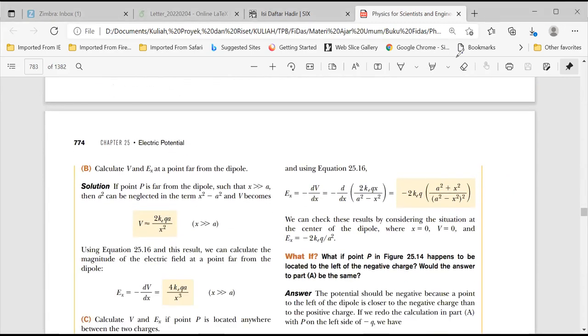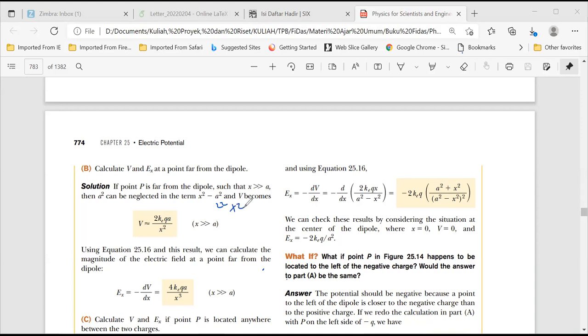Because x is much greater than a, x squared minus a squared we could approximate by x squared. Okay.